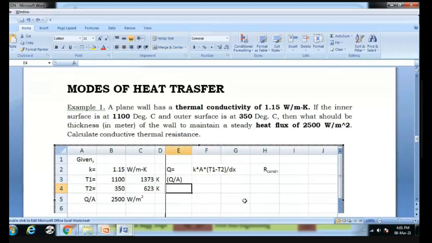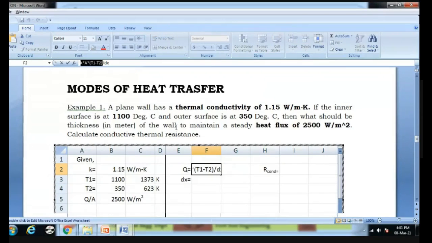So I'll undo all this, and for you I'll write the formula. dx is equal to A by Q, this divided by Q. This is the actual formula.